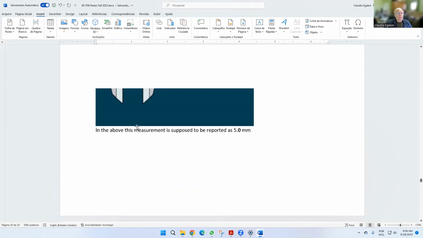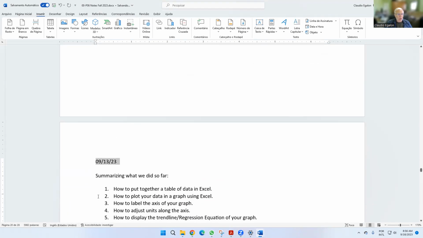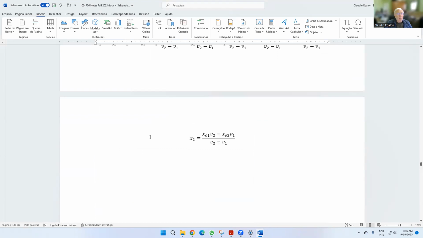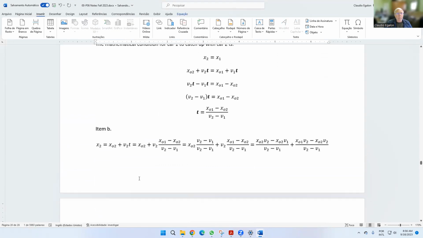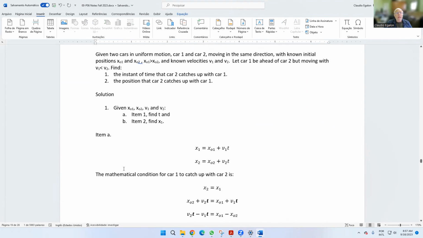This was the notes for the lab, Wednesday. And yeah, okay, we were doing some examples of one-dimensional motion, right?